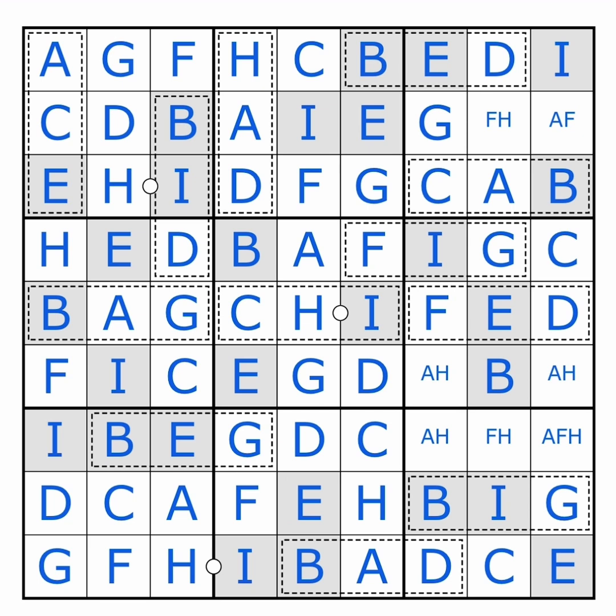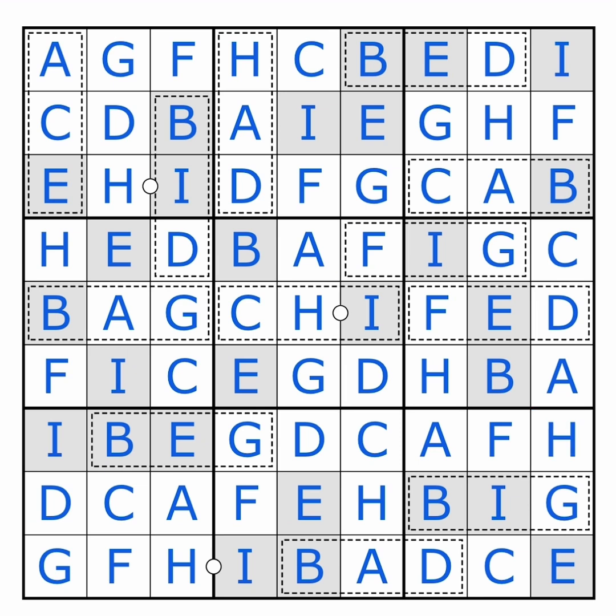Now, the special rule, the letter in row 7 in column 9 is not A. This is the A. This is the H. This is the A. This is the F. This is the H. This is the F. And this is the H.